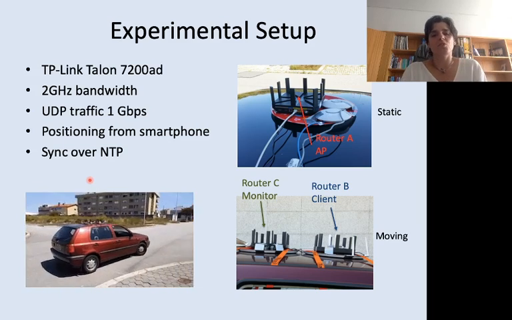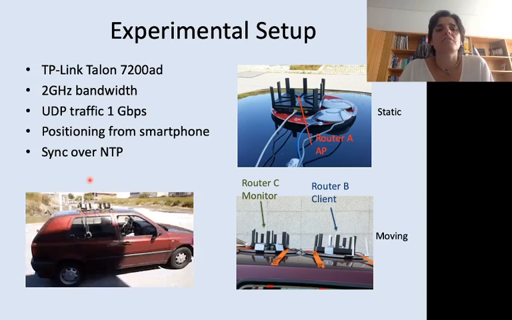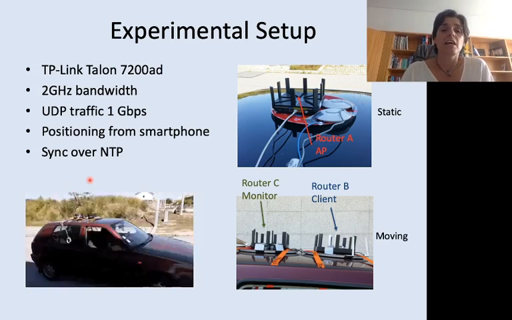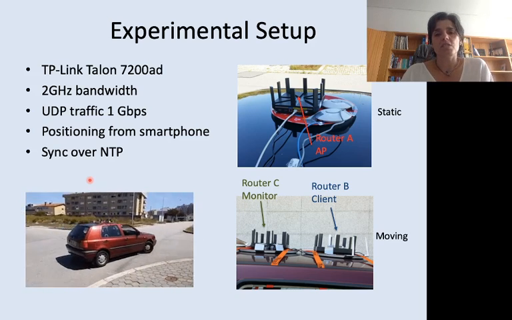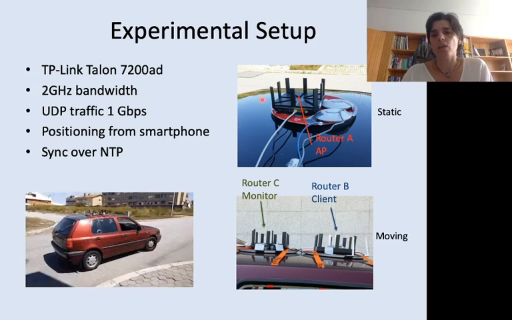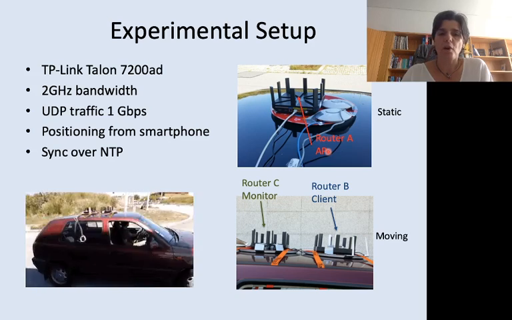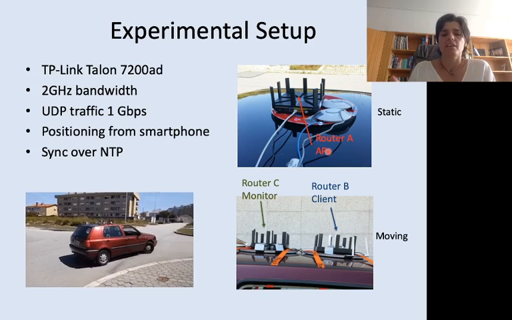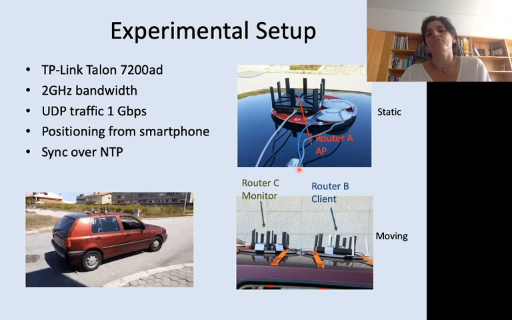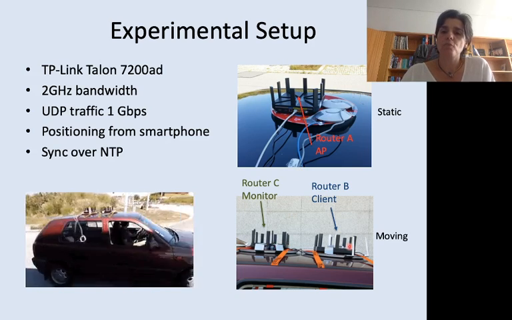So we took some commercial off-the-shelf devices, the TP-Link Talon AD7200, and mounted them on vehicles. One of the vehicles was static, and it had one device configured as the access point. It was parked at the location where you can see in the video on the bottom left. Then we also mounted two other devices on the moving vehicle.